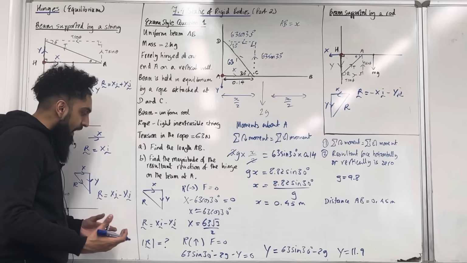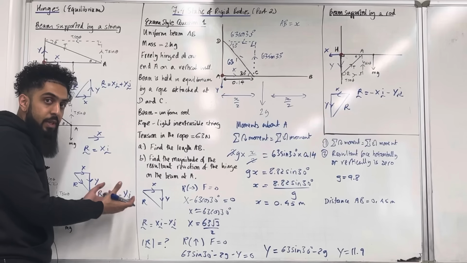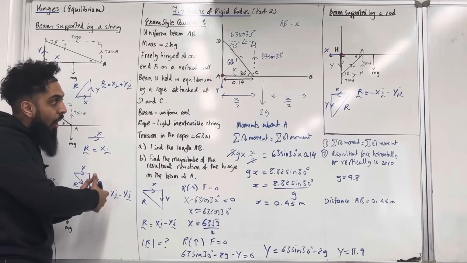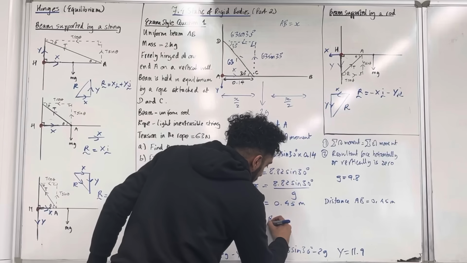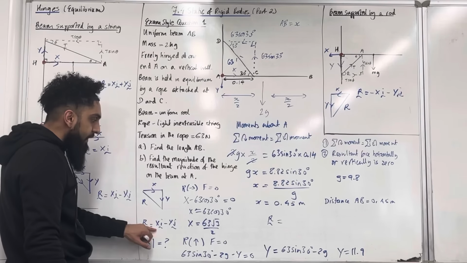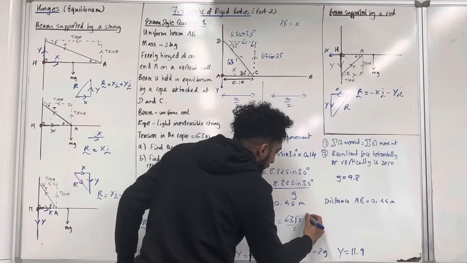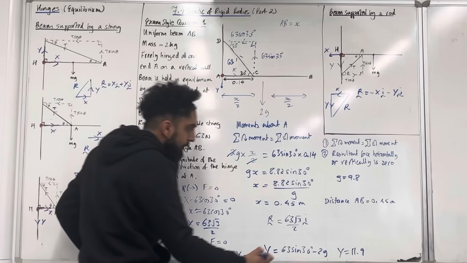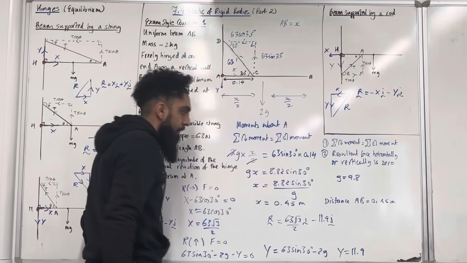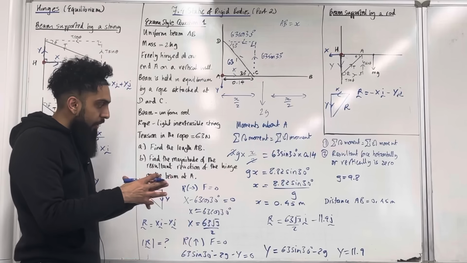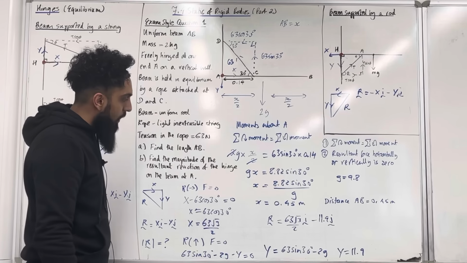Okay, so now I can write down my complete vector R, the resultant reaction released by the hinge on the beam at the point A. That resultant vector will equal xi, so 63 root 3 over 2 i, minus 11.9 j. Now we can find the magnitude of this resultant vector.